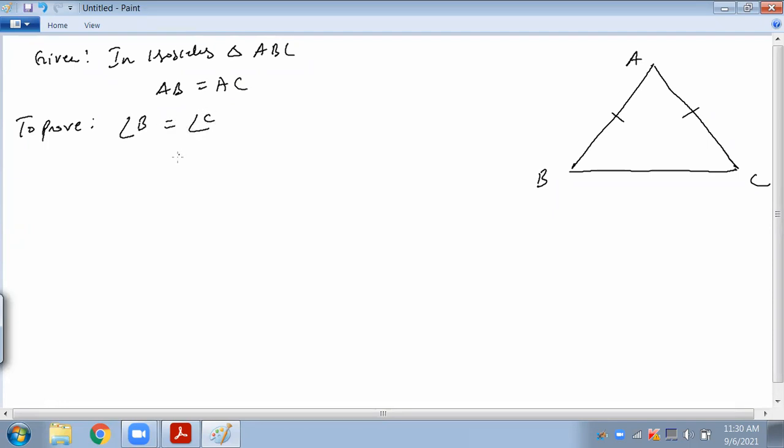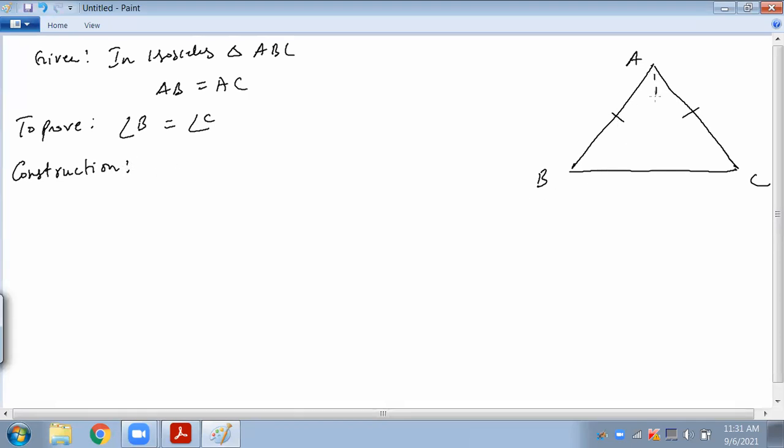Now to prove this, we need a construction. So what are we going to draw?